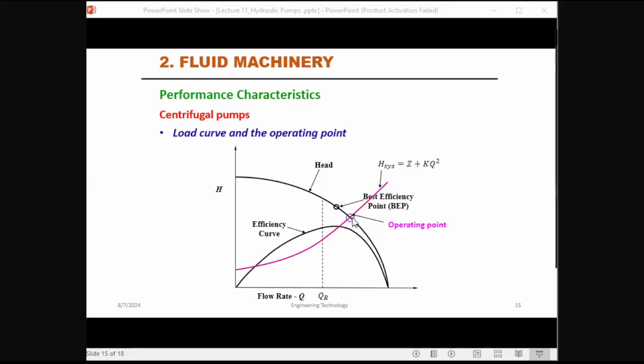According to this crossing area, we can identify the operating point of our pump. From this point you can identify the pump head and flow rate.